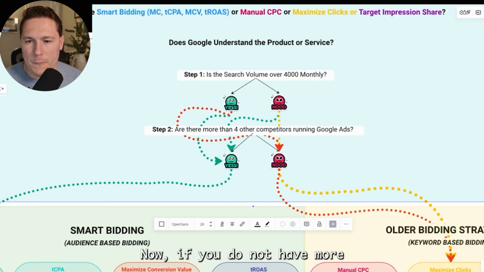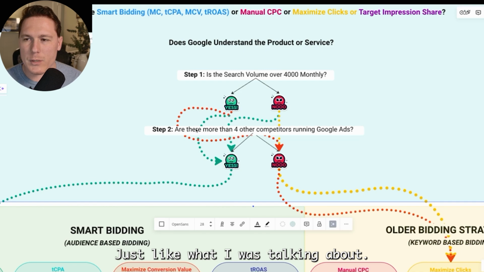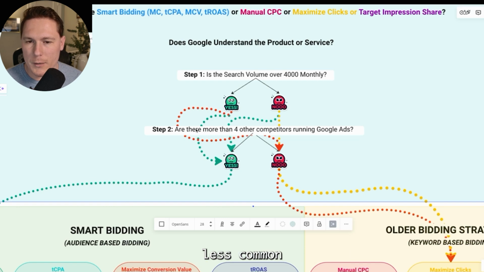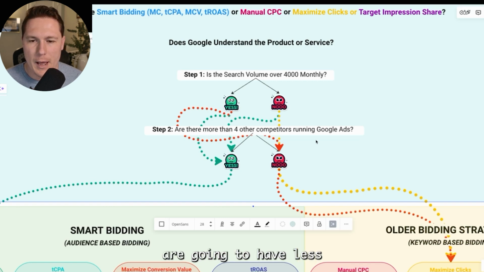Now, if you do not have more than 4,000 monthly search volume, then I would really recommend seeing if there are other competitors, trying to understand, is this a common thing? Is this something that people really understand, or is it way less common? Typically, things like that are going to have less than 4 competitors. I'm talking about 4 actual competitors.